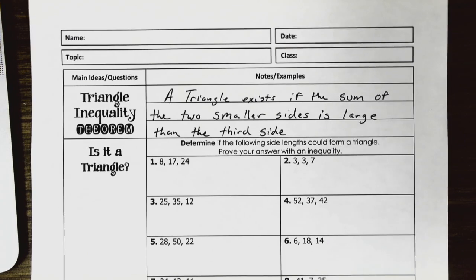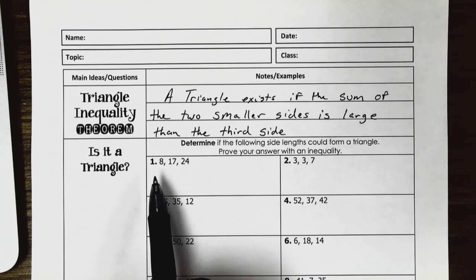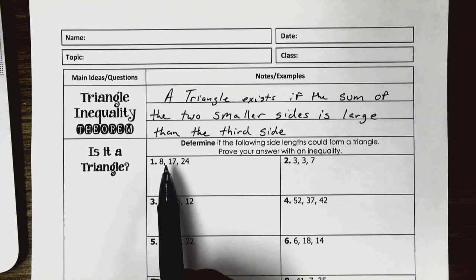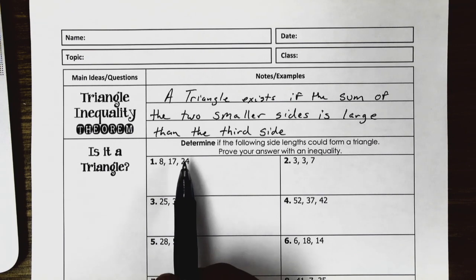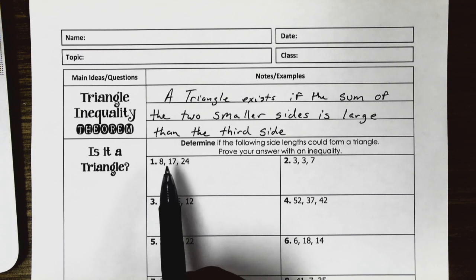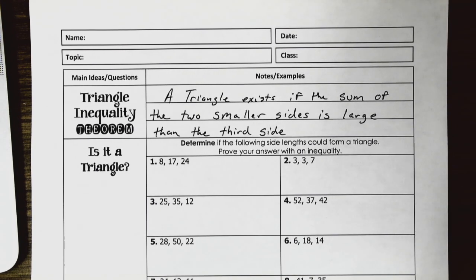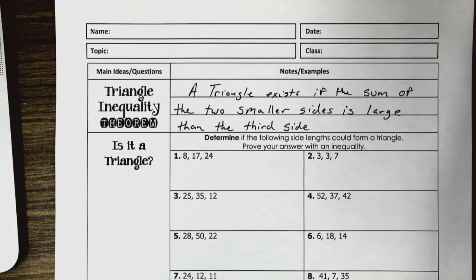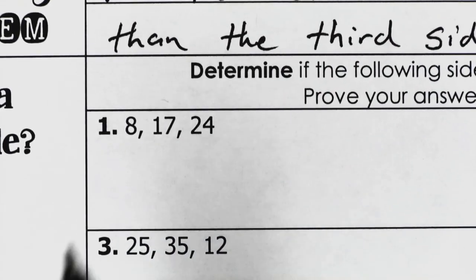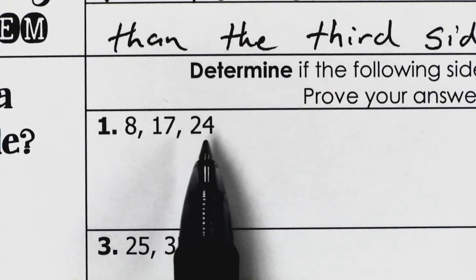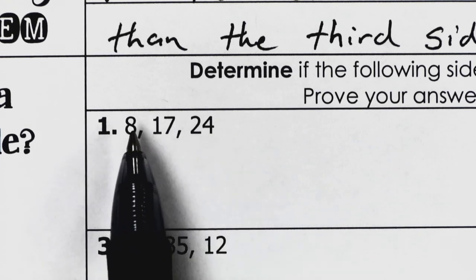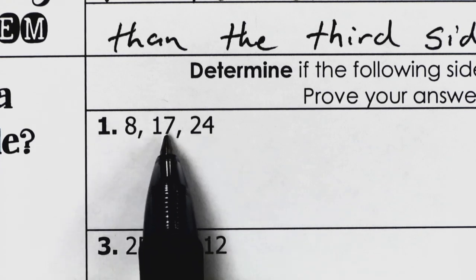So, for example, if I'm given the numbers 8, 17, and 24, I want to know, is it possible to have a triangle that has these three measures, 8, 17, and 24? So the first thing I need to look at is which two of these three measures are the smallest, okay? Looking at 8, 17, and 24, that's going to be the 8 and 17.